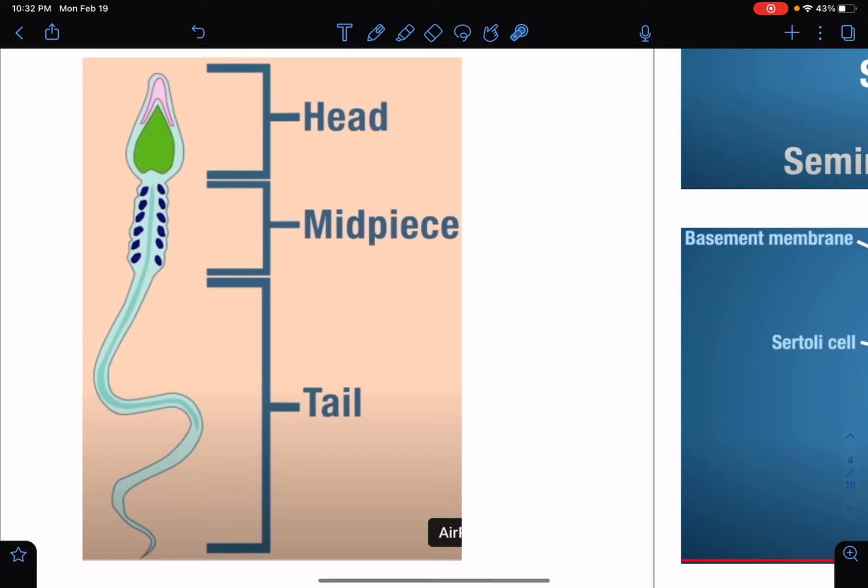The midpiece stores the mitochondria, which is important for the production of ATP, the energy that the sperm cell needs in order to swim from the vagina all the way to the fallopian tubes. They come all the way to the fallopian tubes in millions, and only a few survive. So it's quite a perilous journey.